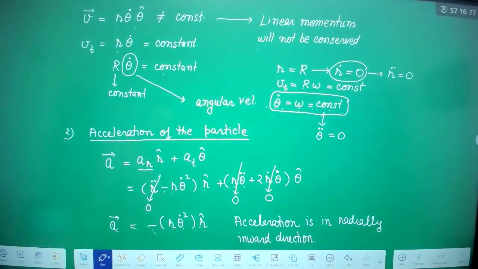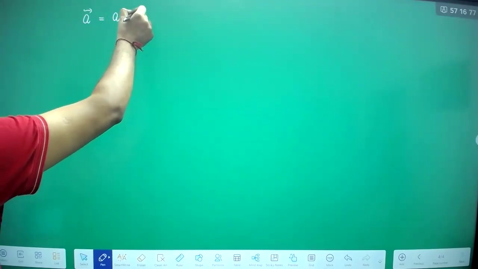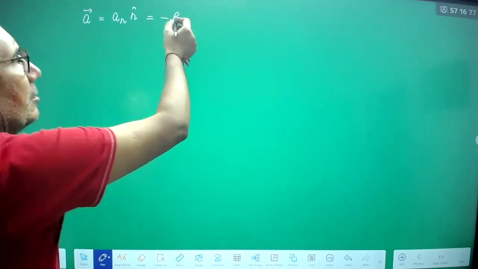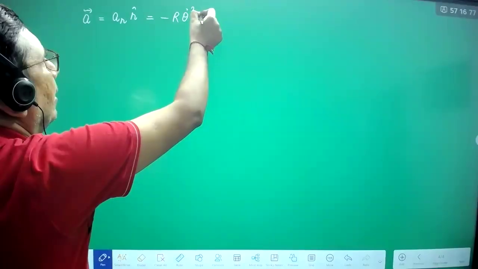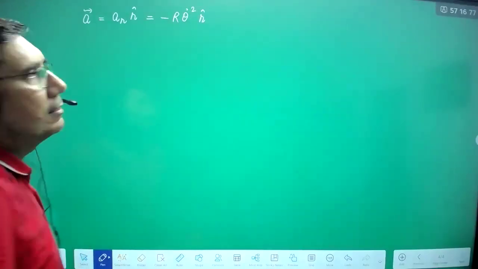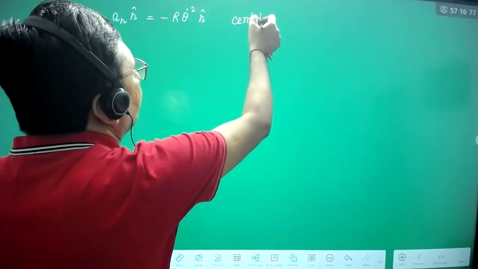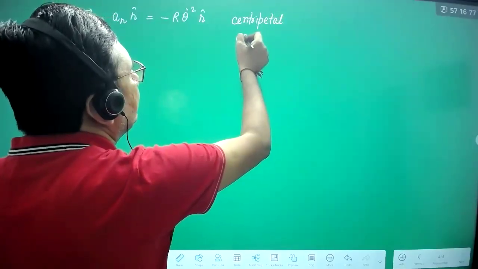You can write it as AR r cap, which is minus R theta dot square r cap. What do you call this acceleration? You call it centripetal acceleration.